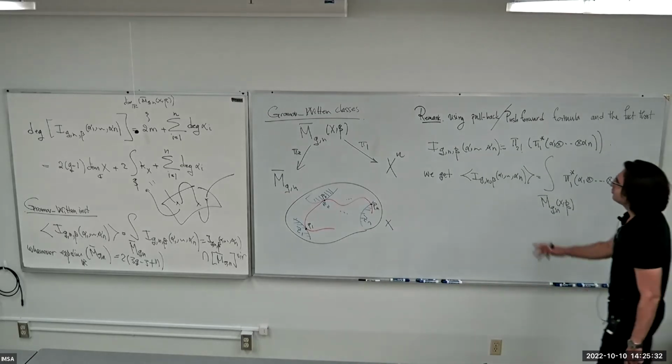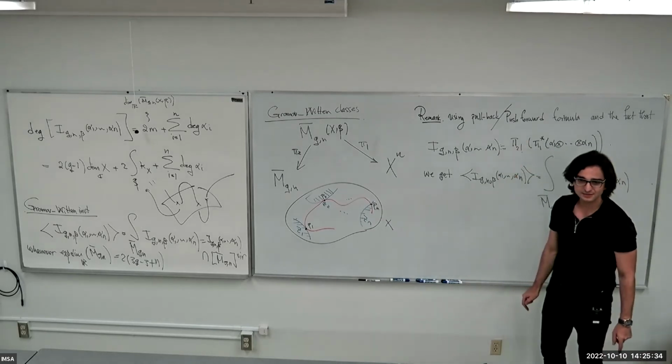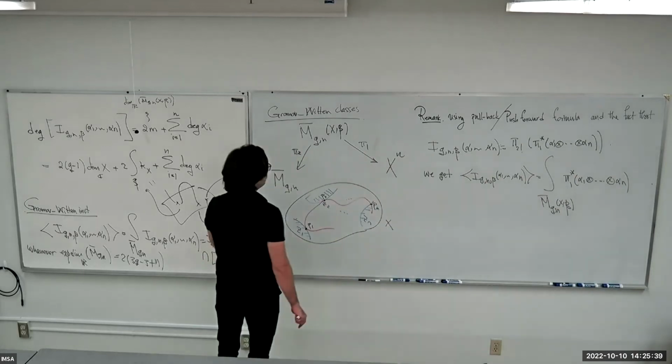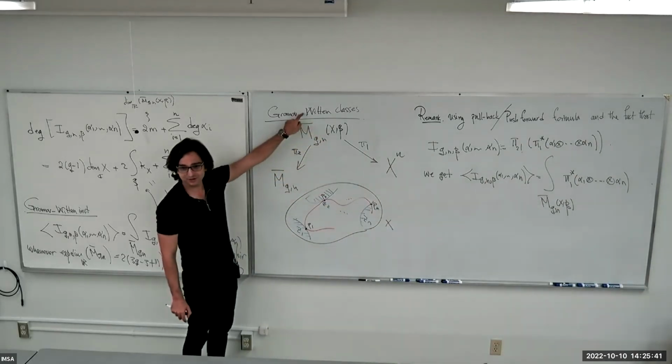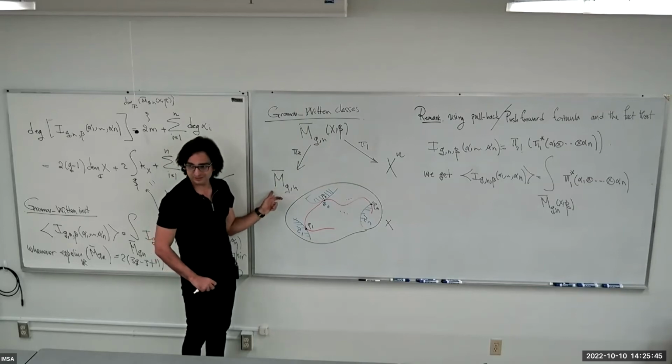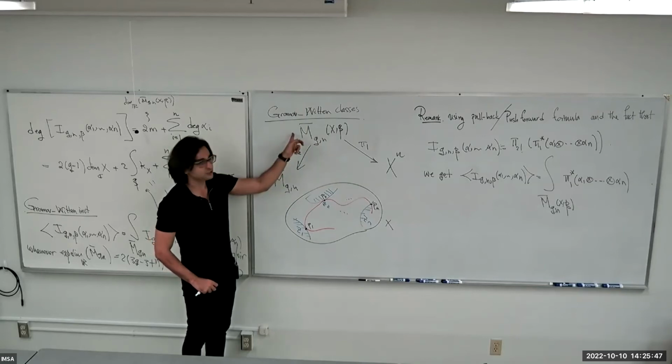There's a pullback-pushforward formula that says if you take a class in here and push it down and integrate, you can relate it to integrating that class in here. That's the pullback-pushforward formula.